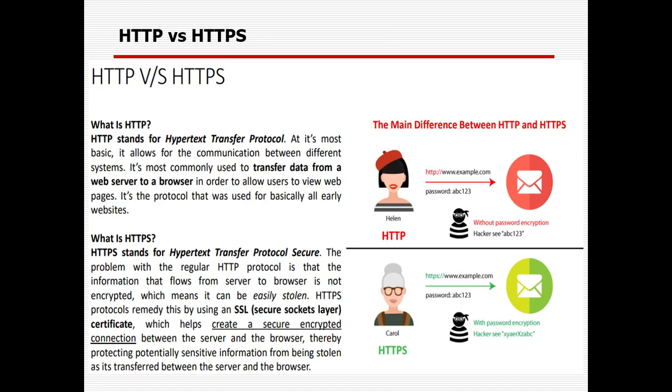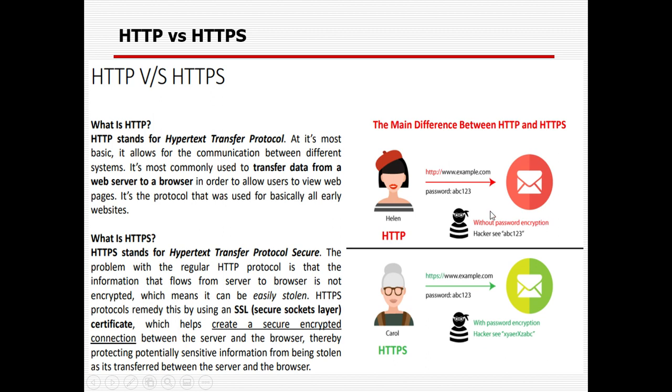Then what is the basic difference between HTTP and HTTPS, and what is the importance of them? If you see the diagram here, with HTTP, the user is interacting with a particular server, where they suppose want to access some URL and are entering some password. In case the user enters it, any kind of hacker can see the password without encryption.